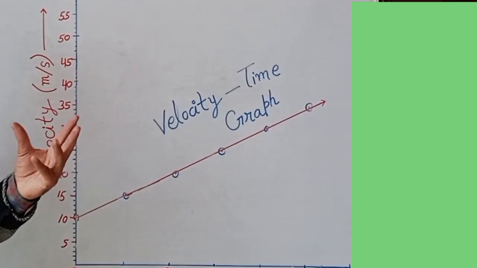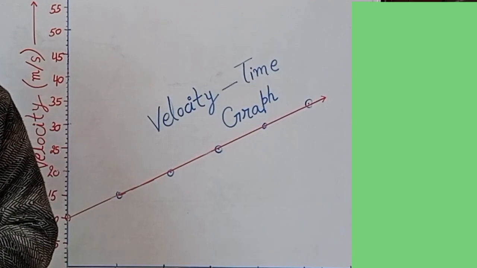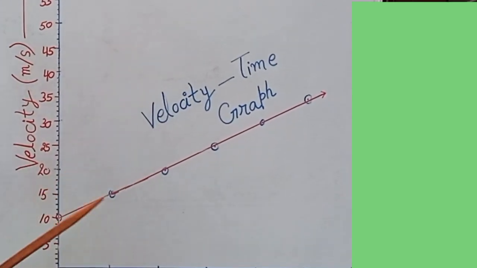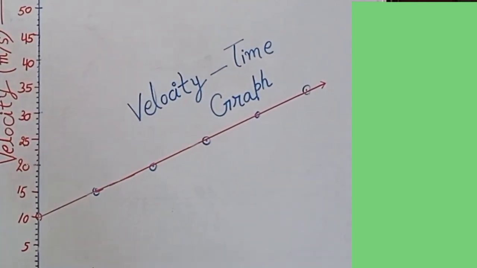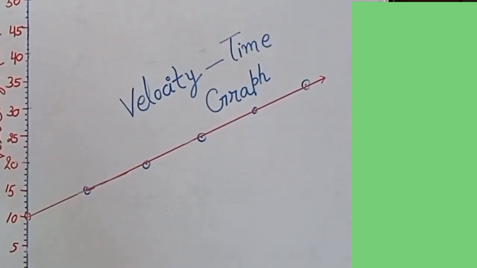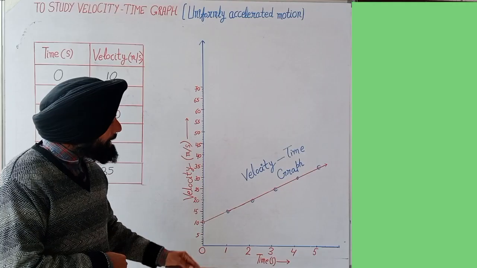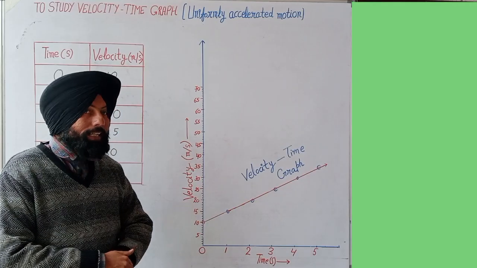So what have we concluded? We concluded that the velocity time graph for uniformly accelerated motion is a straight line.